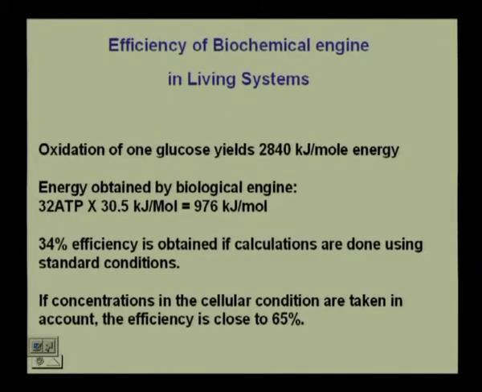So from all the enzymatic reactions that go on in the body, we get a large amount of energy based on the production of ATP coming from the metabolism of carbohydrates, that is the formation of glucose from where?